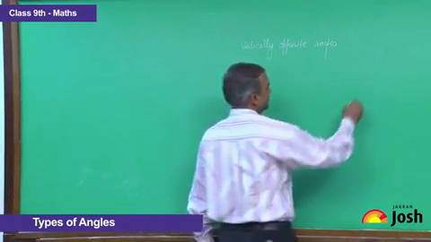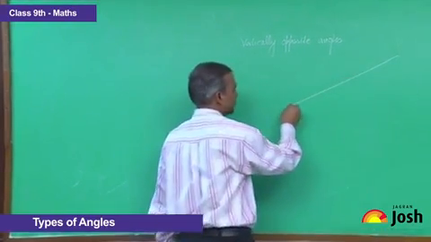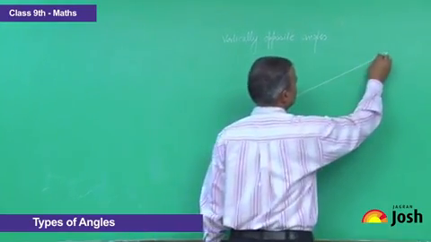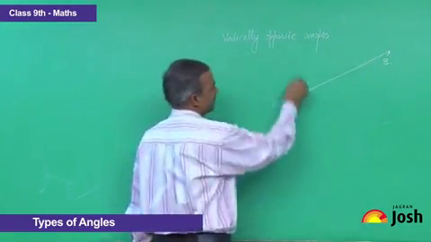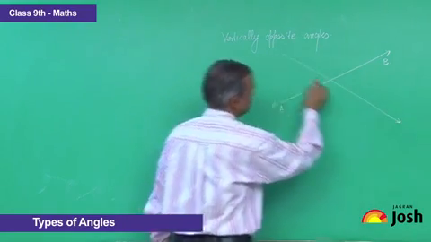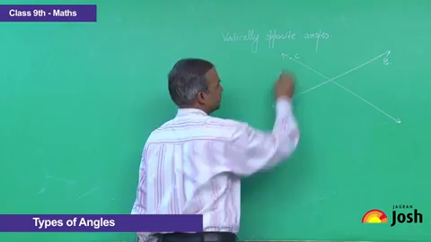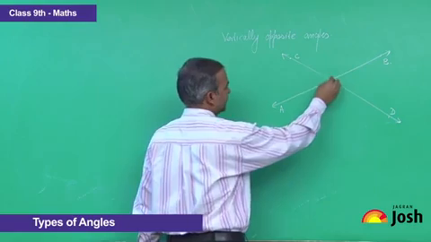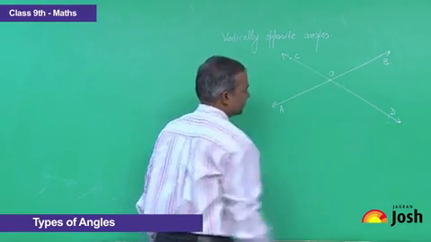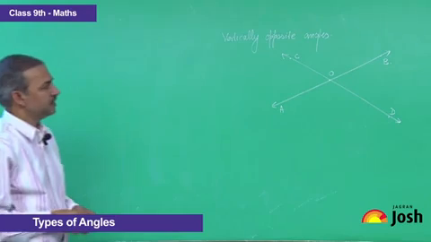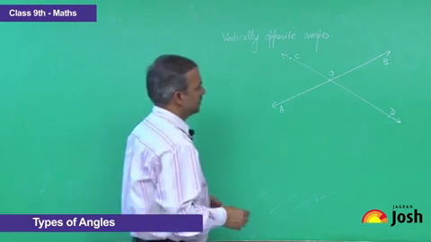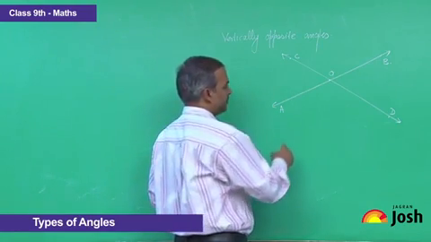Whenever two lines intersect, for example, this is a line, say AB, and another line, CD. They are intersecting at this point, let the point of intersection be O. Then we see that when these two lines intersect, there are four angles formed.